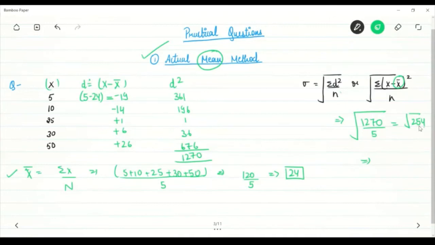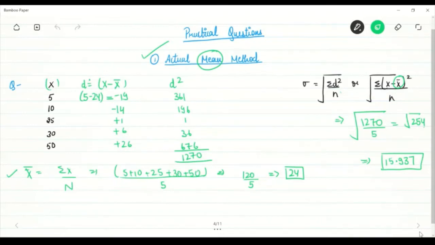But I need your support, I need your comments in my comment box. So the value that we will get is 15.937, and this is very easy to calculate. I hope the actual mean method is clear, and how we calculate standard deviation with the help of the mean.